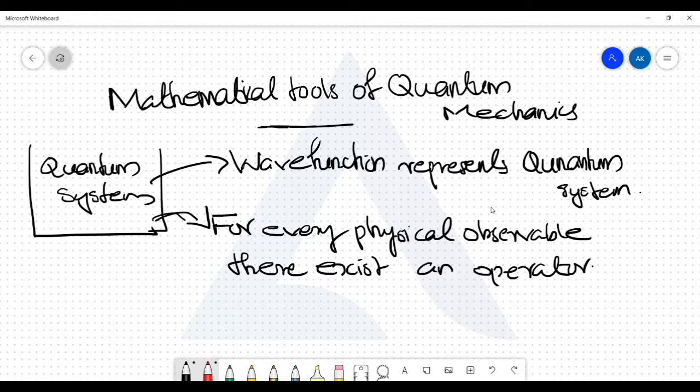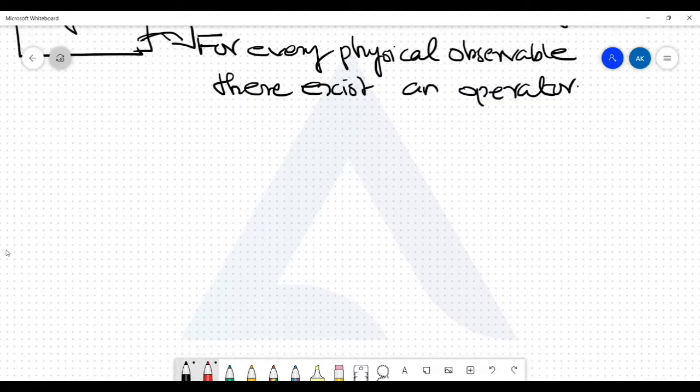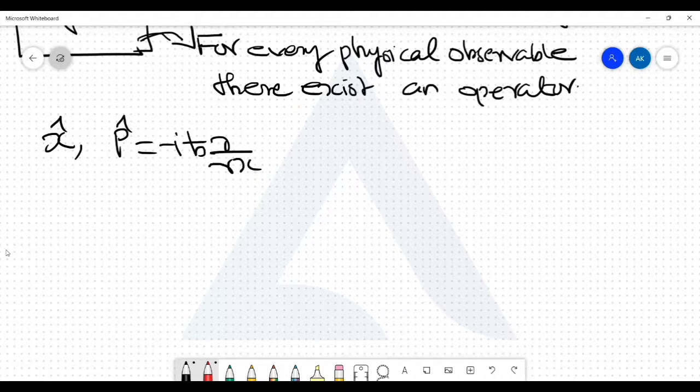In position basis, we have seen many operators like position operator, momentum operator, right? So if you want to measure position, you have position operator. If you want to measure momentum, you have momentum operator, which in position basis is minus iħ ∂/∂x. If you want to measure energy, you operate with iħ ∂/∂t, and so on.